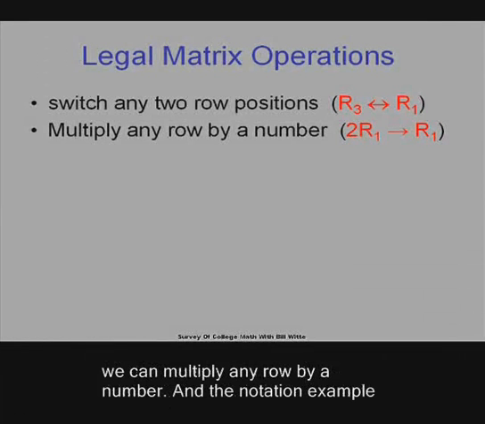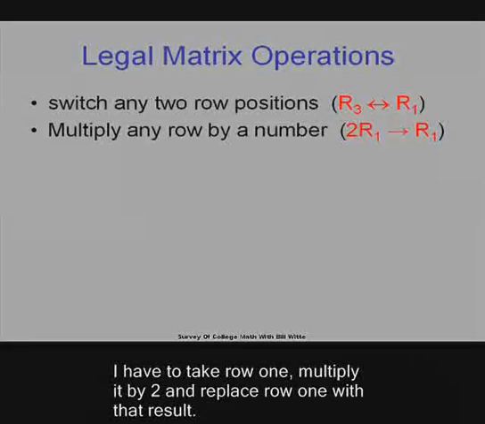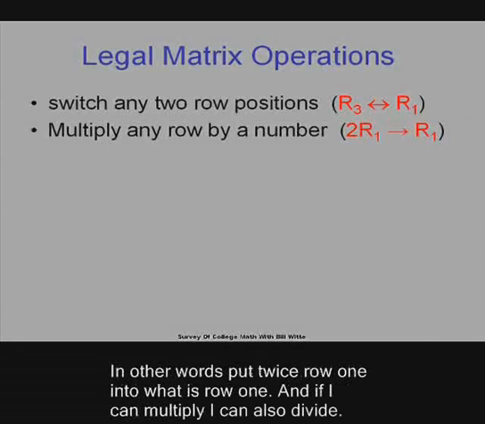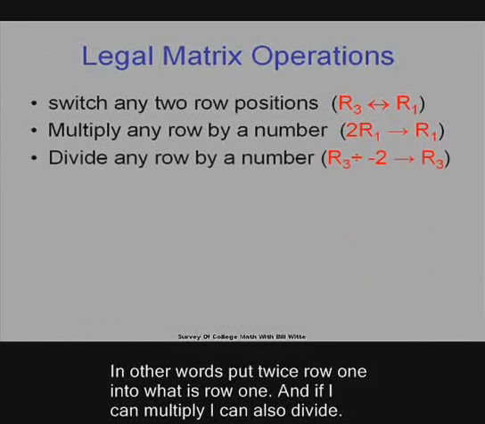We can, just like we can multiply both sides of any equation by a number, we can multiply any row by a number. Okay, now the notation here I have is that I'm going to replace row 1. I'm going to take row 1, multiply it by 2, and I'm going to replace that into row 1. Okay? In other words, put twice row 1 into what is row 1. Of course, if I can multiply, I can also divide.